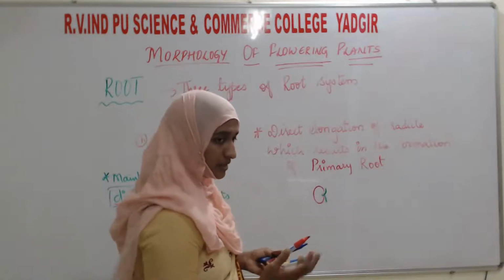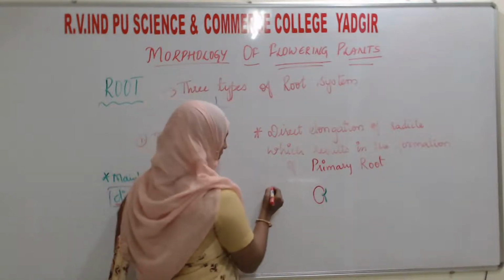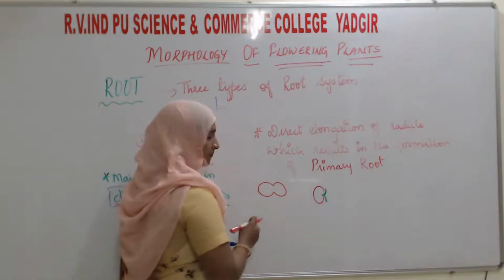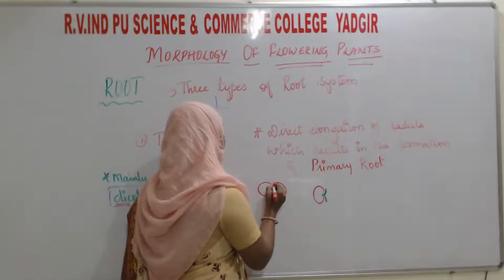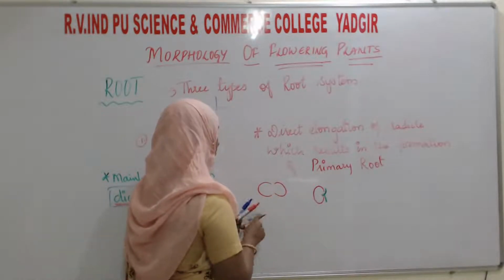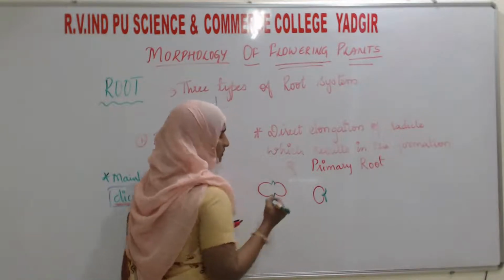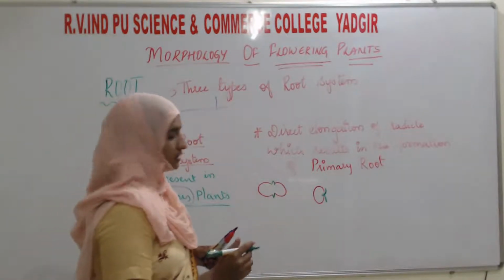If you see the transverse section of the seed, it will be like this. Here there is the presence of a plumule, and here there is the presence of a radicle.